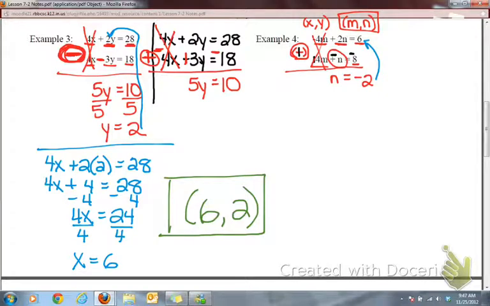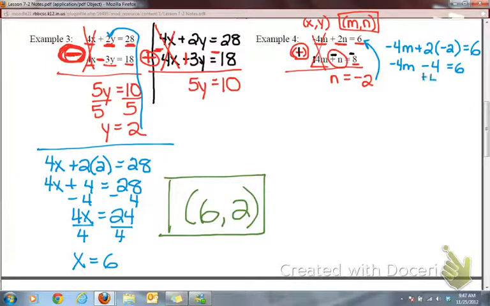So that gives me negative 4m plus 2 times n, which is negative 2, equals 6. 2 times negative 2 is negative 4. So negative 4m minus 4 equals 6.